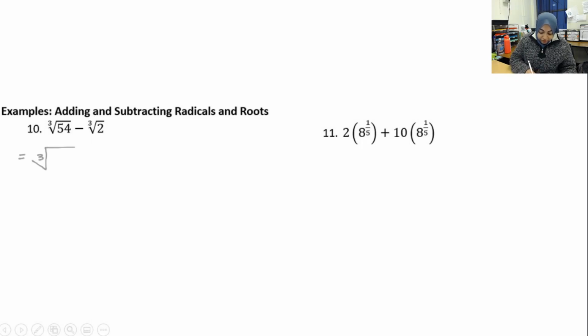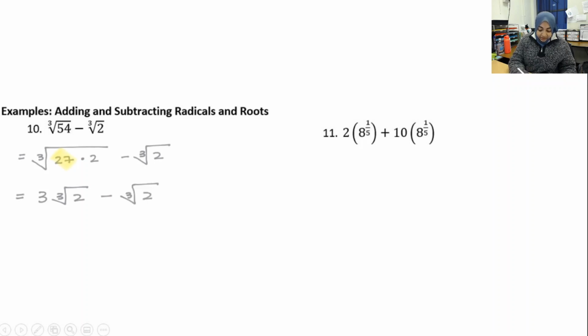Can I turn 54 into the product of a perfect cube and a non-perfect cube? I hope you said 27. 27 times 2 is 54, minus the cube root of 2. And now I can take the cube root of 27, which is 3 cube roots of 2 minus cube root of 2.